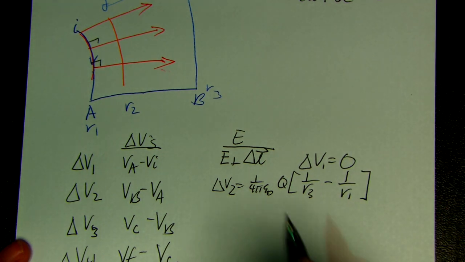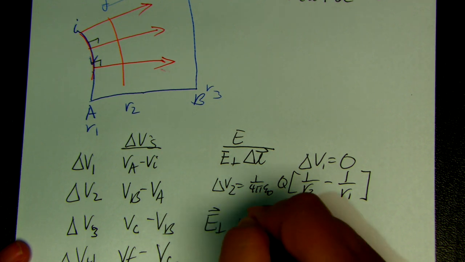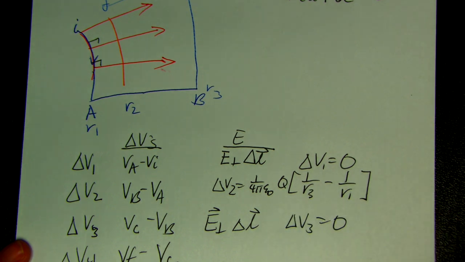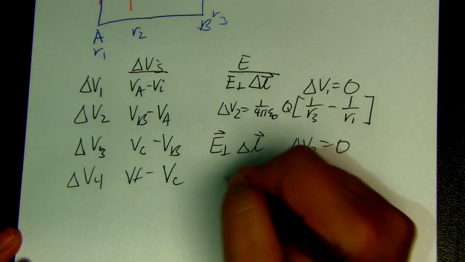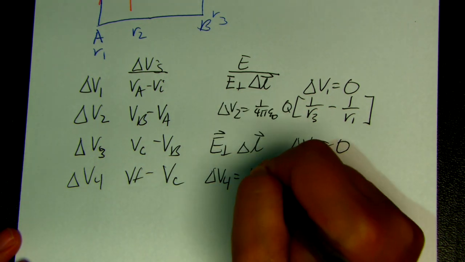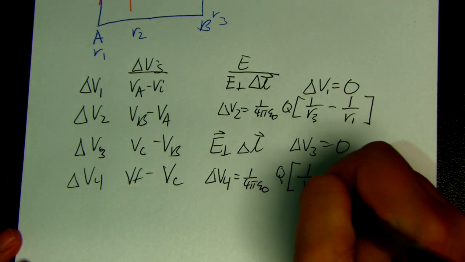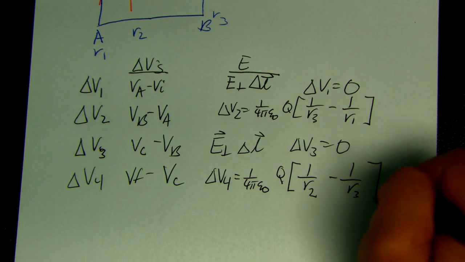Then we have V3. So once again, we have that our electric field is perpendicular to delta L. So delta V3 is equal to 0. And V4, delta V4 is equal to 1 over 4 pi epsilon naught Q times 1 over R2 minus 1 over R3.